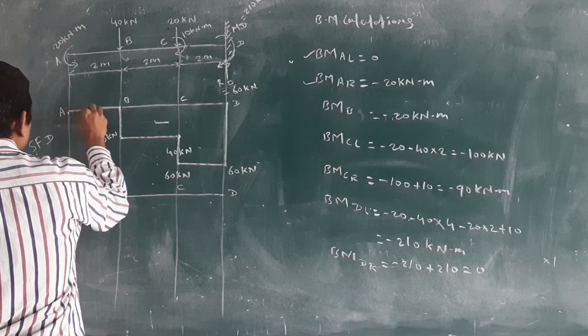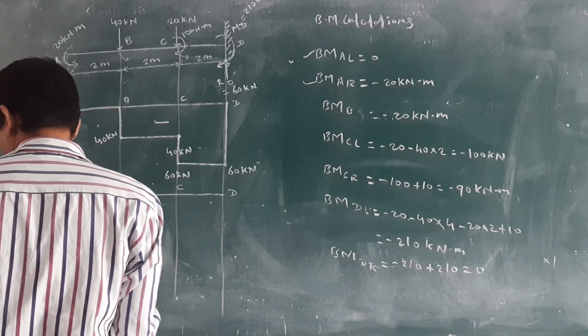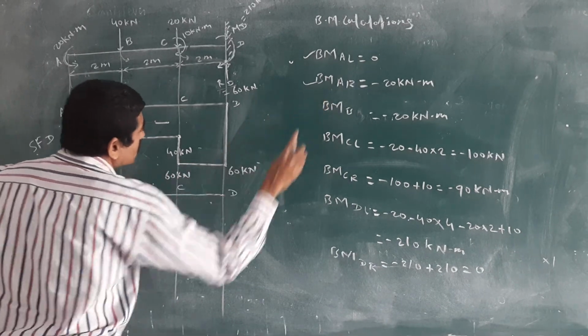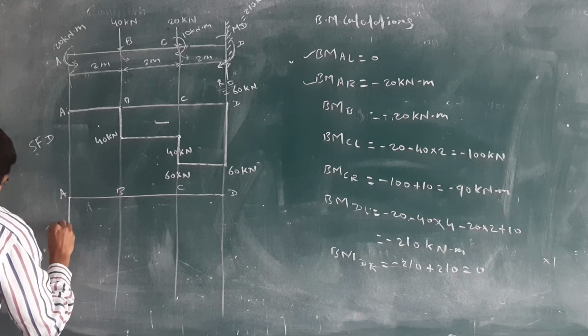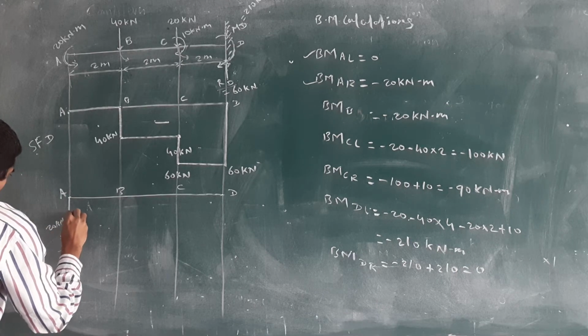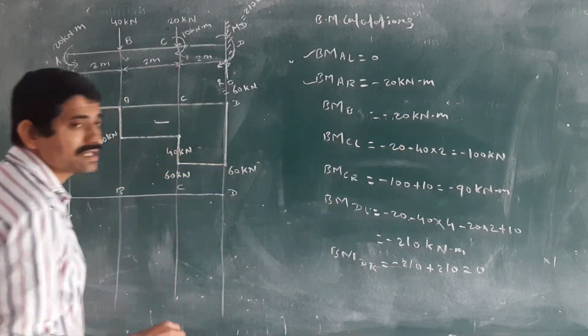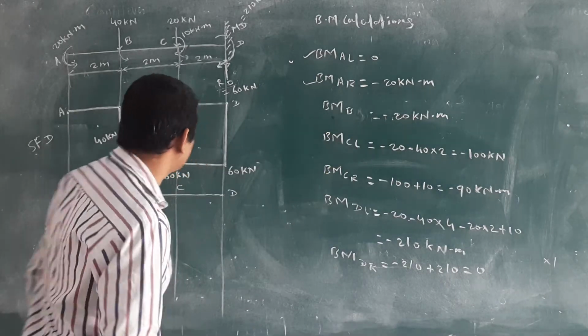Here, if you are getting a 0 shear force line, then you should travel horizontally. Take the bending moment at A point, here is 20 kilonewton meter. Then at point B, we have the same value, minus 20 kilonewton meter.